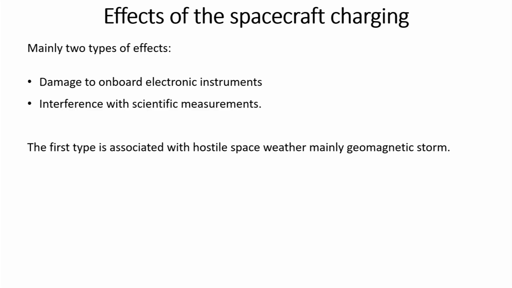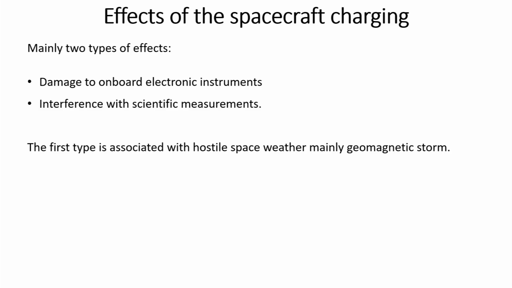The first type is damage to onboard electronic instruments. This is associated with hostile space weather, mainly the geomagnetic storm. Whenever energetic particles interact with the spacecraft, only then will the damage occur; otherwise it is rare.